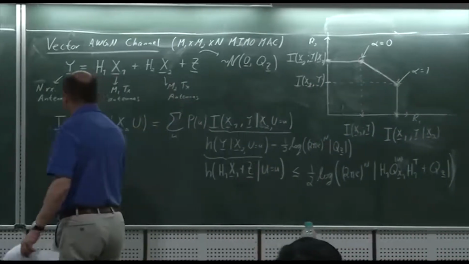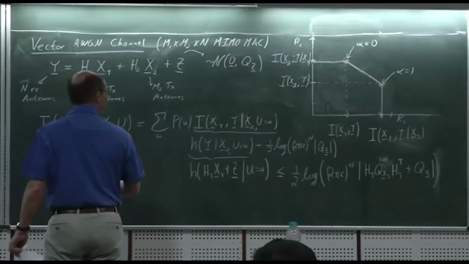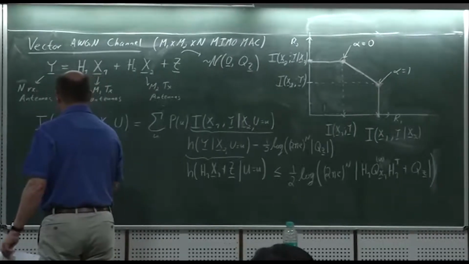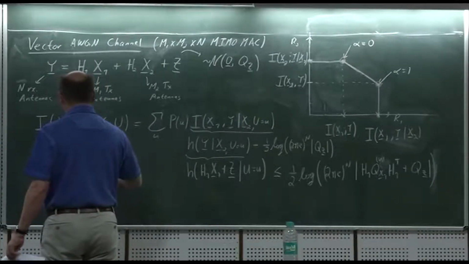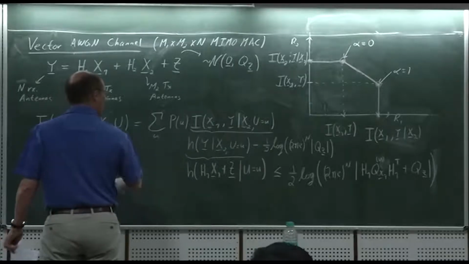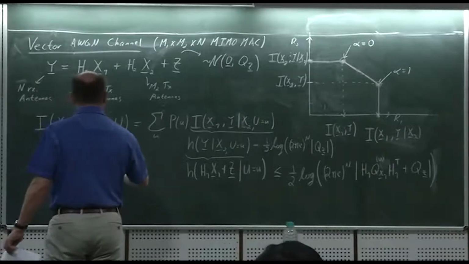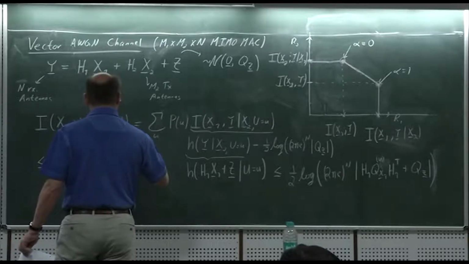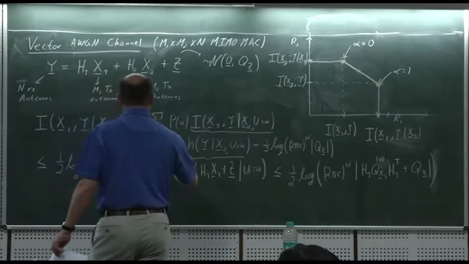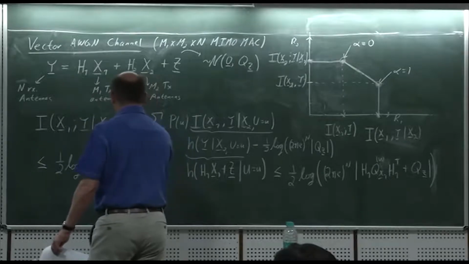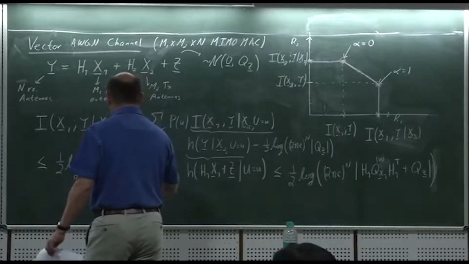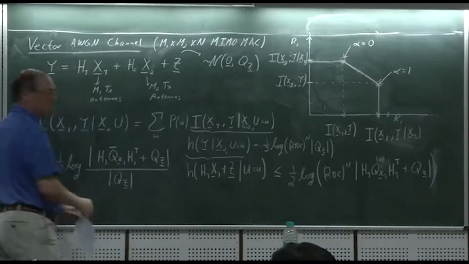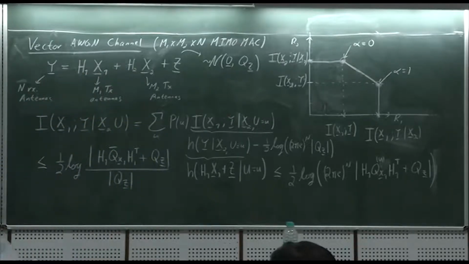And because of that, we can say this is less than or equal to 1/2 log of the first term h1 q x1 h1 transpose, where this is averaged, plus qz, divided by qz. So it's just the signal to noise ratio in this sense.